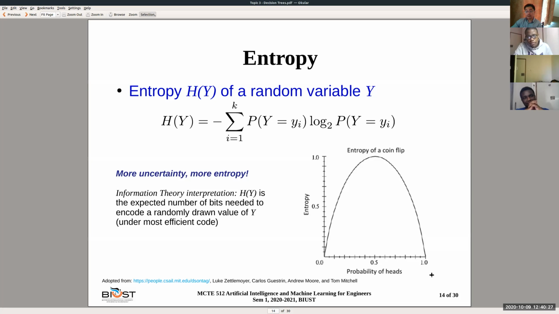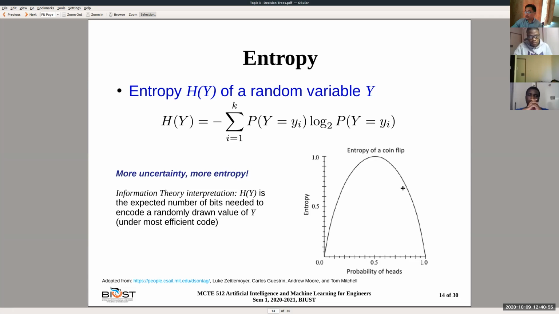If the probability of getting a head is one, that means definitely you have a head, and the entropy there is zero. But in between, for example, half probability of getting the head and half probability of getting the tail, the entropy in between is very high. We are not certain whether we get a head or a tail.